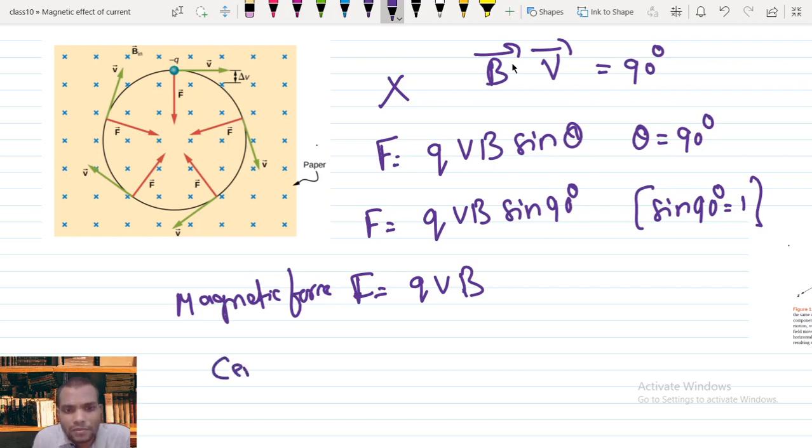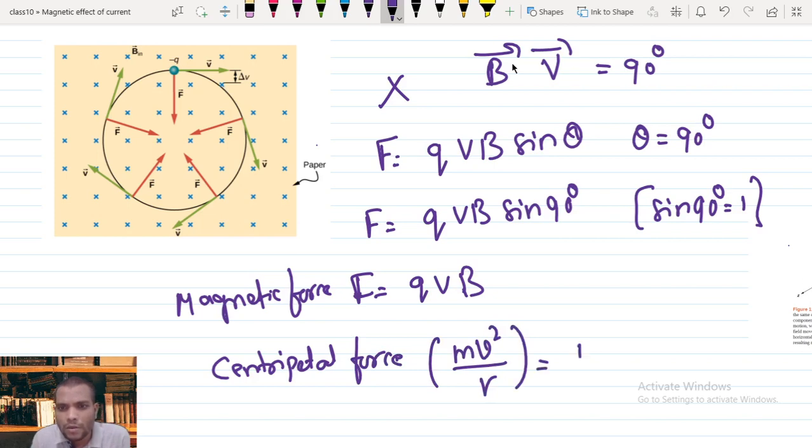Now the centripetal force formula, mv square by r, equals the magnetic force. The magnetic force equals QVB.